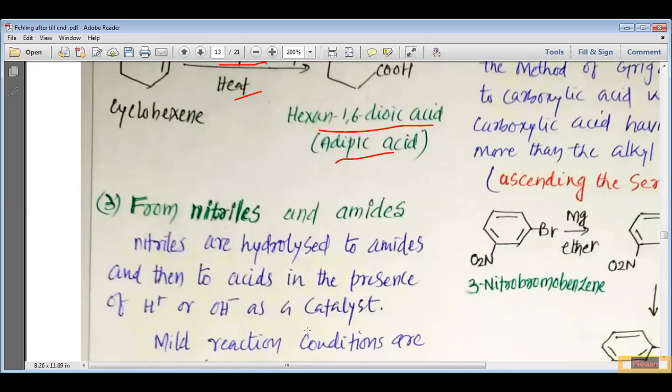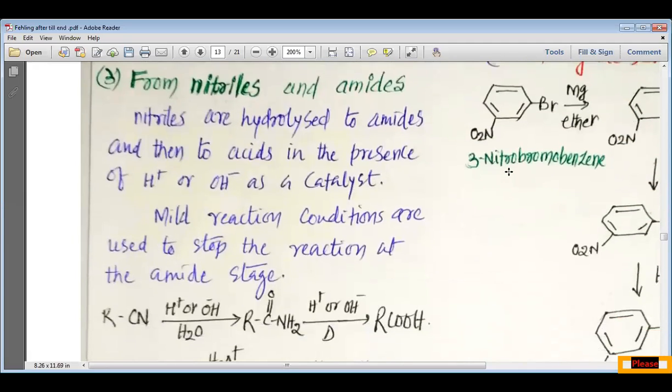Now, my dear students, we are going to study the preparation of these compounds by using nitriles. Nitriles means cyanide compounds. You have C triple bond N. From these nitriles or amides, we can even prepare carboxylic acid.